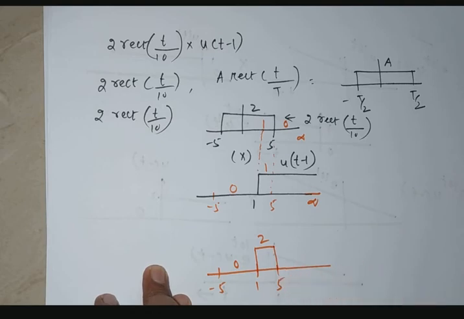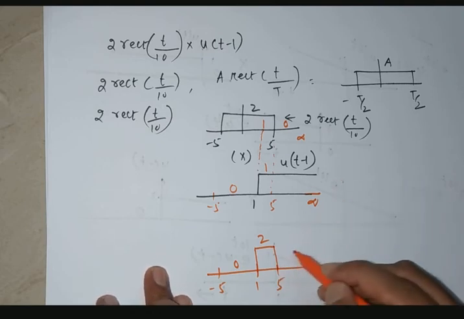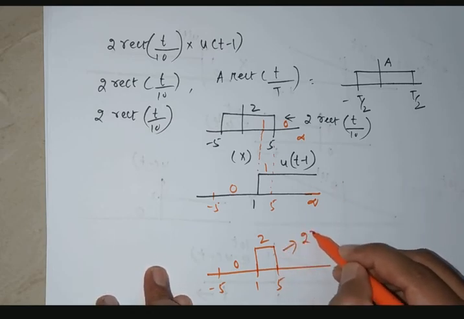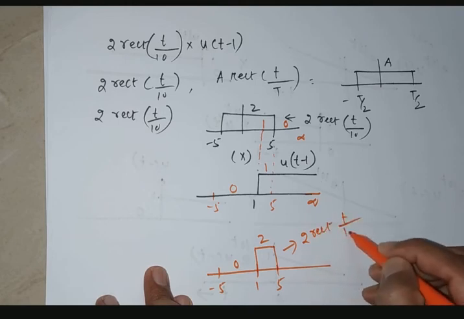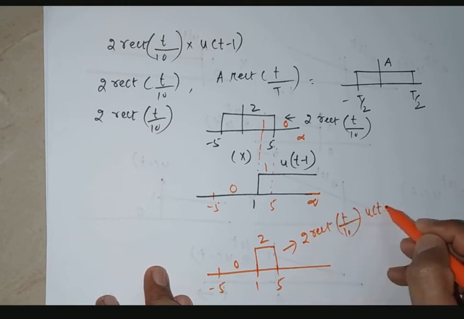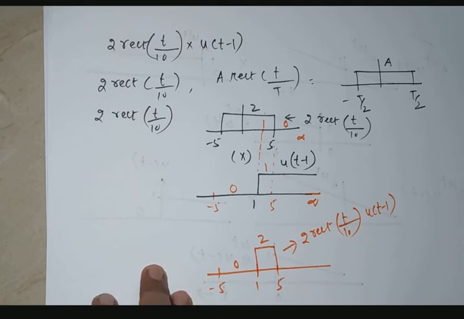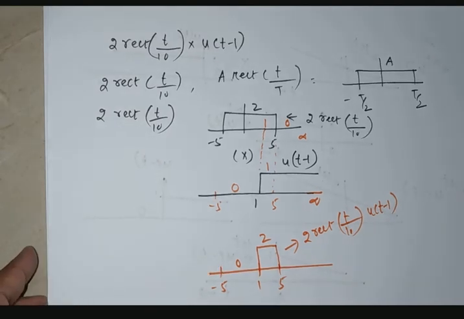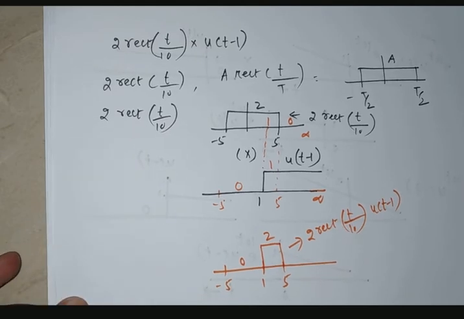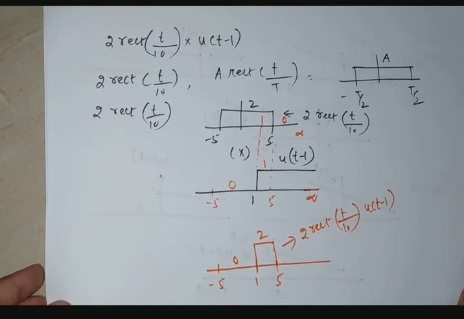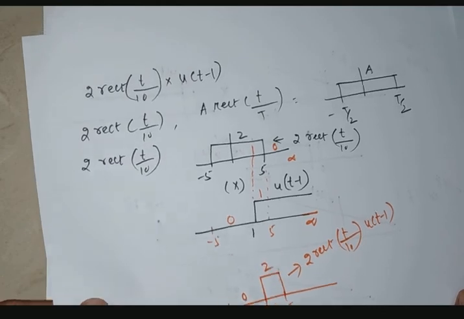So this is our signal. This is your 2 rectangular t by 10 multiplied by u of t minus 1. Okay, clear? This is simple multiplication.